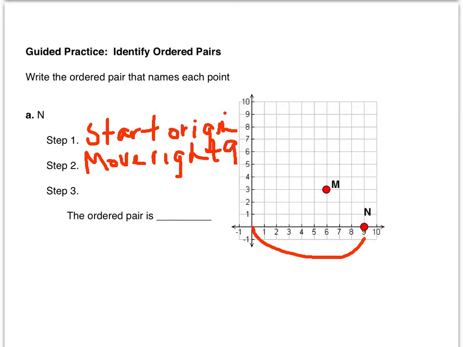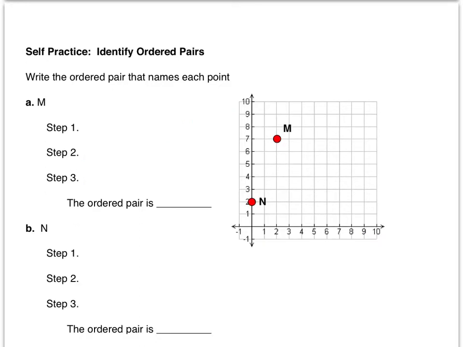And then we're going to move up until we find the y-coordinate. And here we're going to move up 0 because it doesn't move up off of the x-axis. So the ordered pair is (9, 0). Now it's your turn. In this self-practice, write the ordered pair that names each point, M and N.